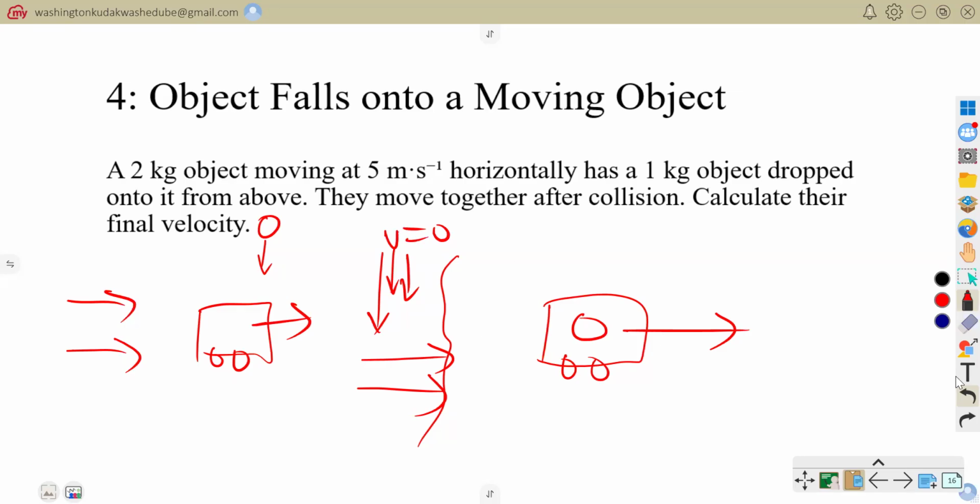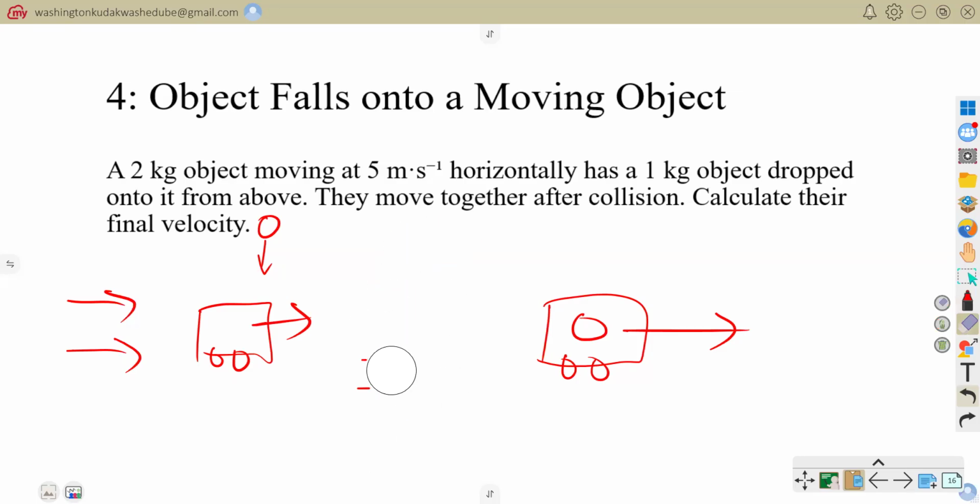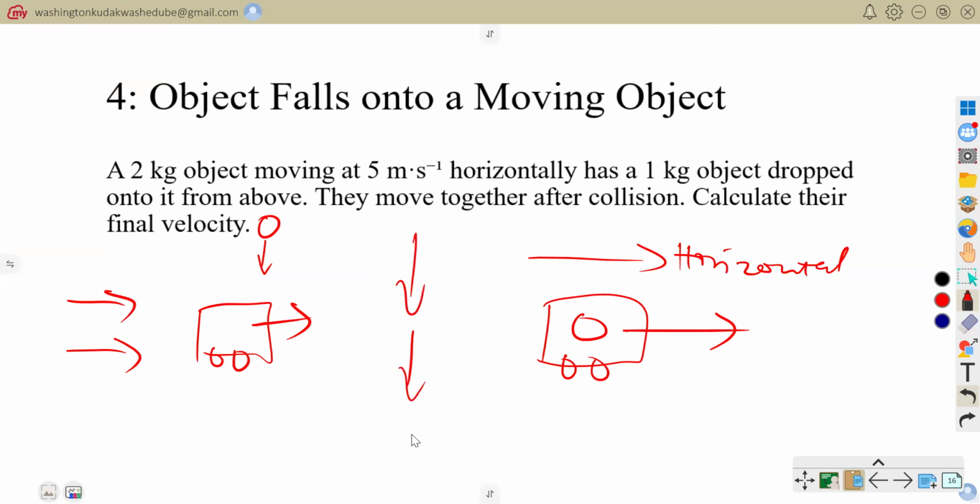I want you to understand that. If we are going to be looking into linear momentum along the horizontal direction, anything that is moving along the vertical direction has a horizontal velocity equal to 0.